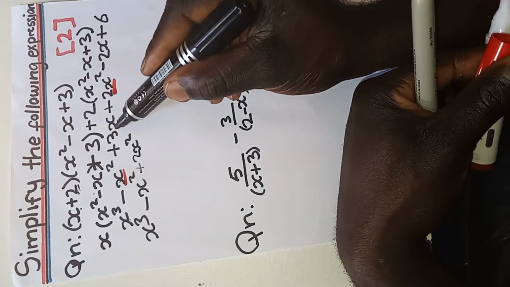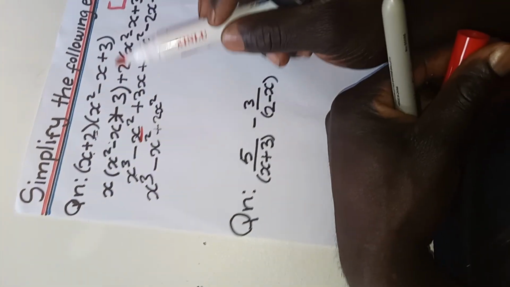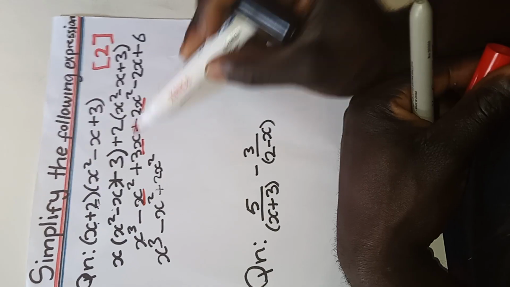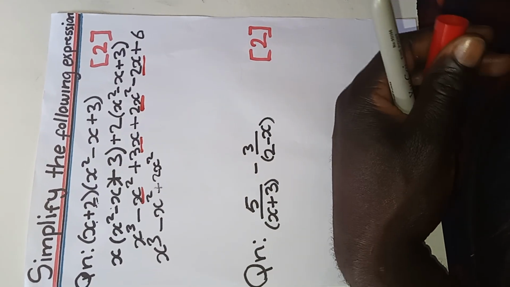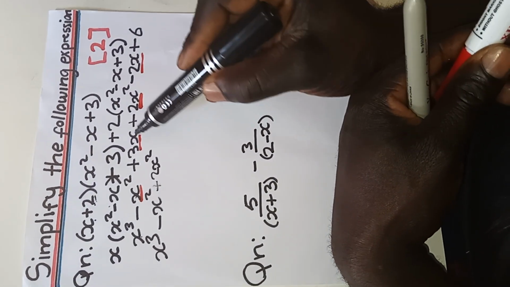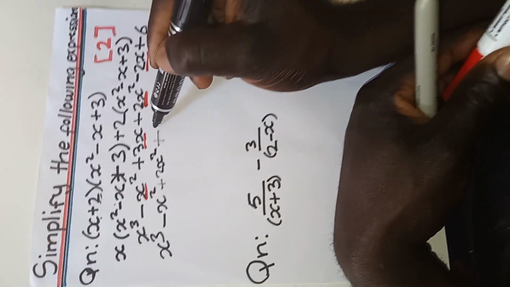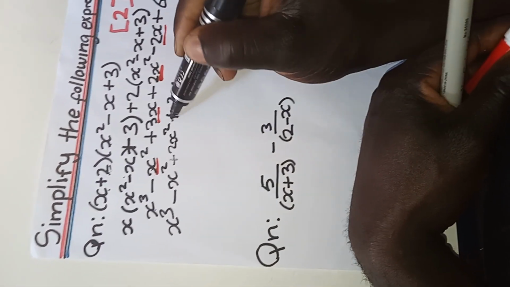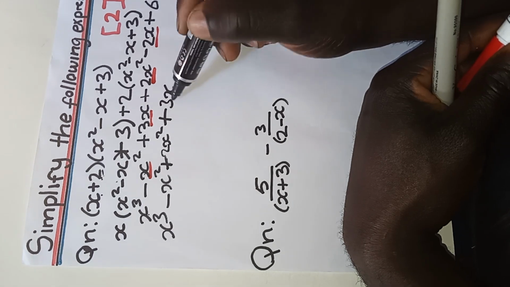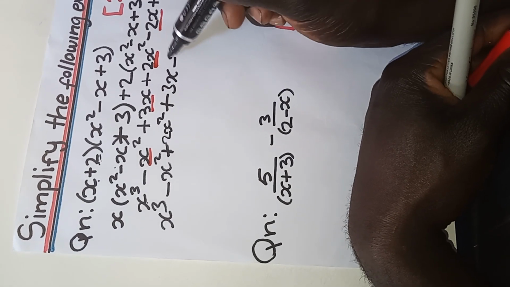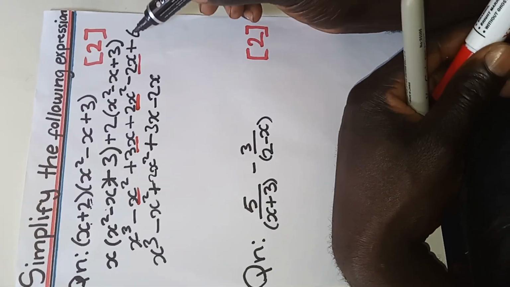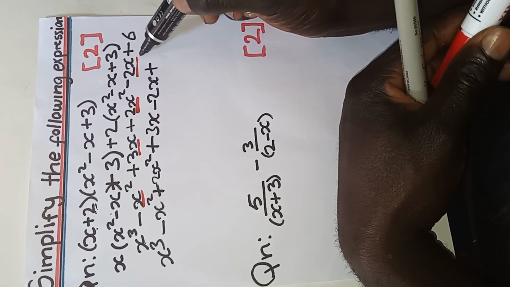And we proceed to 3x, which is this part here, and this part here, they are similar terms. We say +3x − 2x. Then we have the last one, which is our constant, +6.